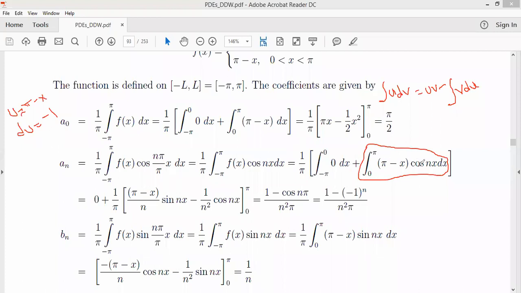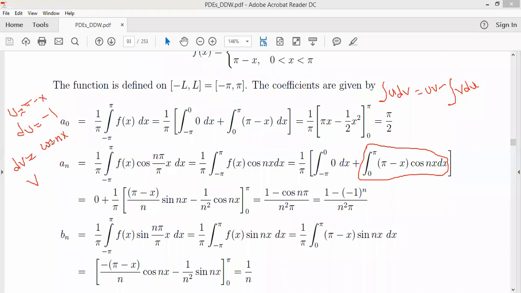Then we let dv be equal to cos nx. Now we need to integrate this one to find v. What is v?